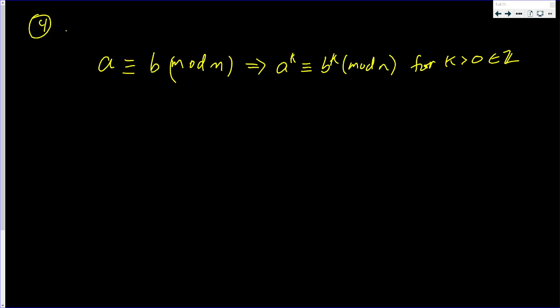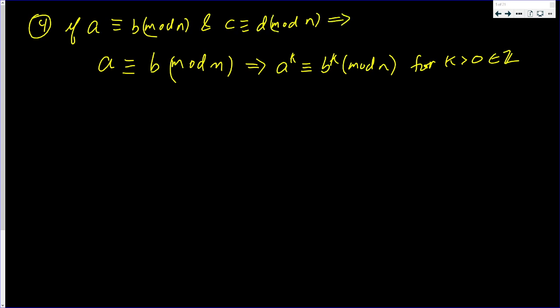It says that if A is congruent to B and C mod n, actually this is probably just 4B. There were 2 parts of 4. A is congruent to B mod n, and C is congruent to D mod n.